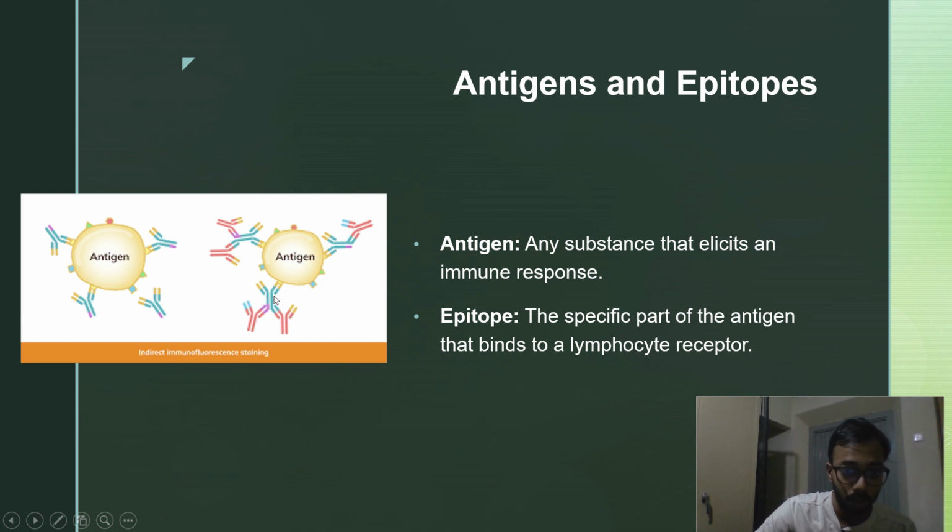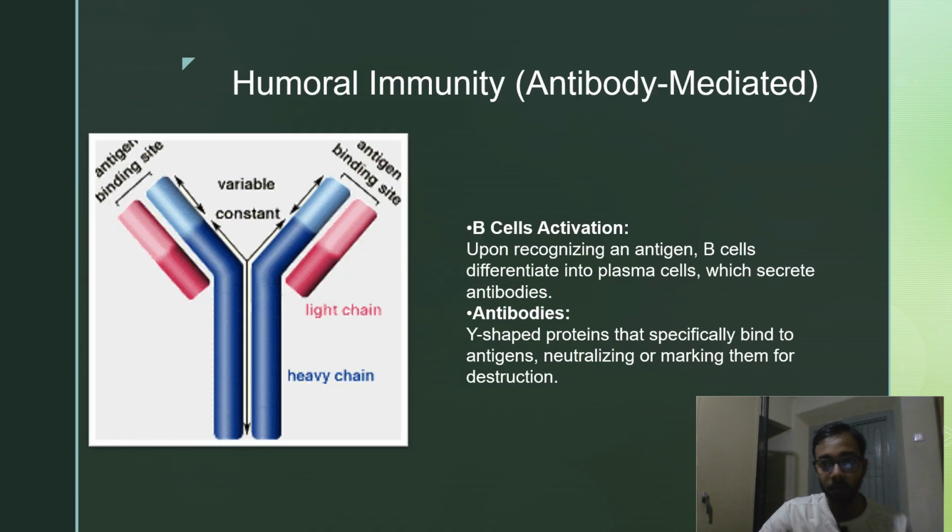These antibodies can come and bind to these epitopes in the antigen. This diagram shows an antibody which is also a protein. We also call these units immunoglobulins. Globulins are proteins, so these are also known as immunoglobulins.